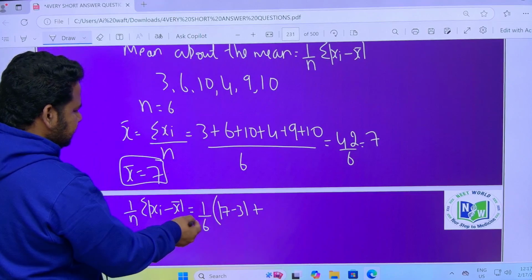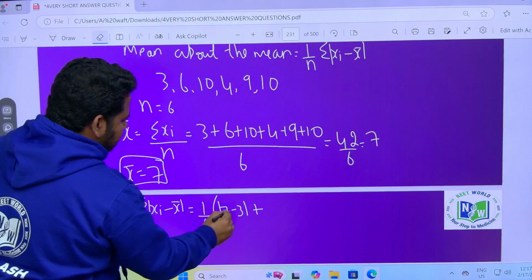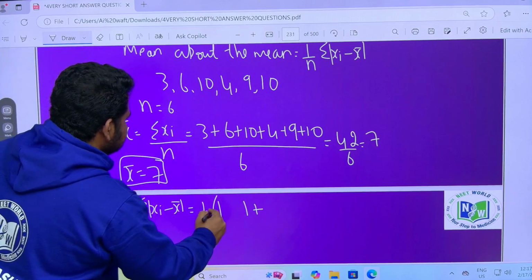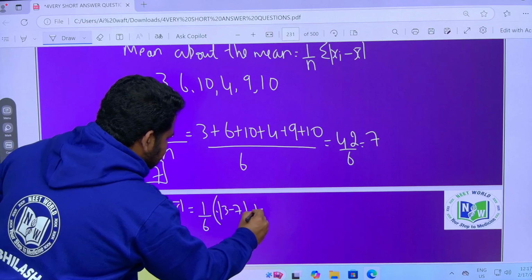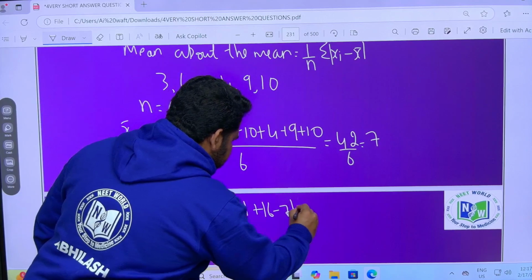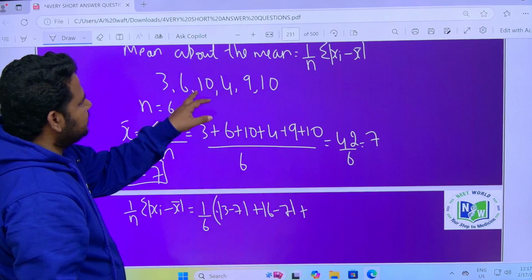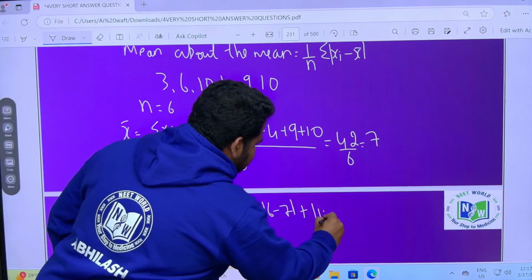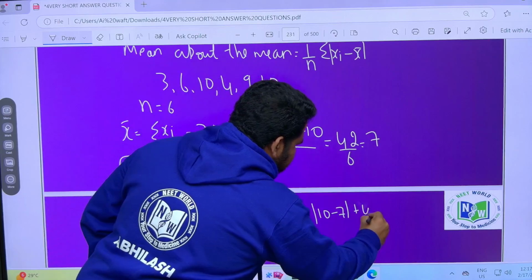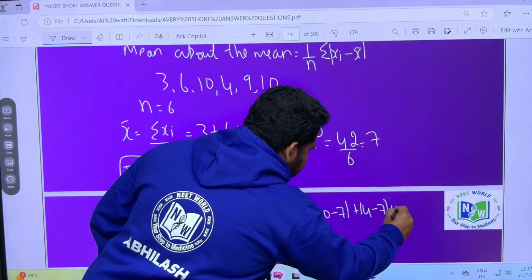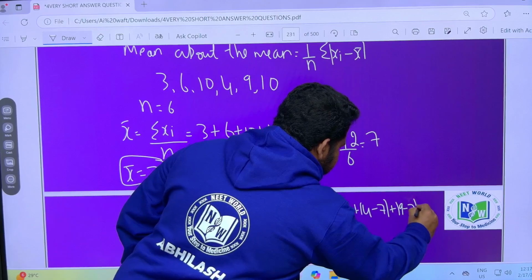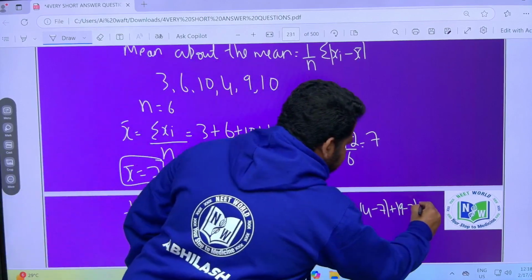Nothing much to worry because it is modulus, the value will be the same. So this will be modulus of 3 minus 7 plus modulus of 6 minus 7 plus modulus of 10 minus 7 plus modulus of 4 minus 7 plus modulus of 9 minus 7 plus modulus of 10 minus 7.